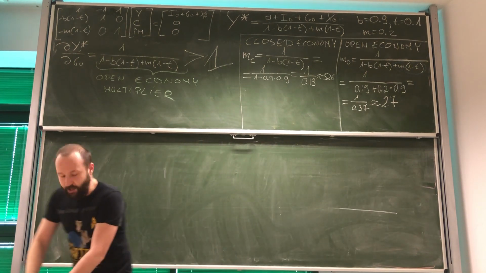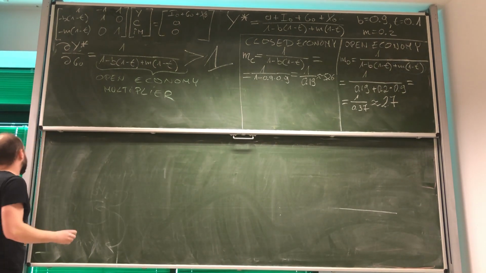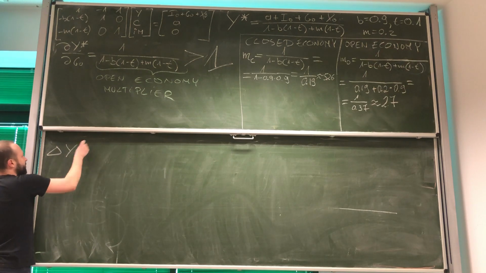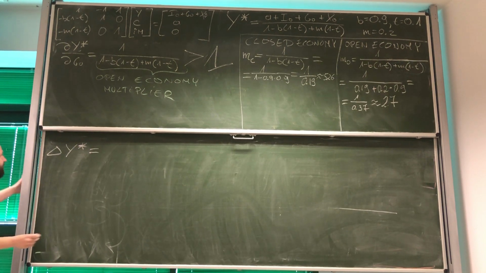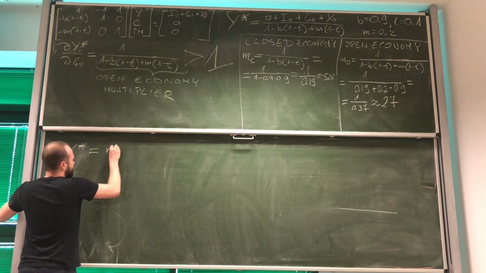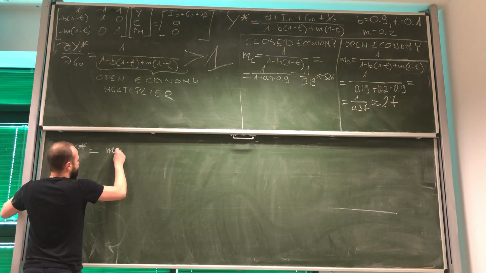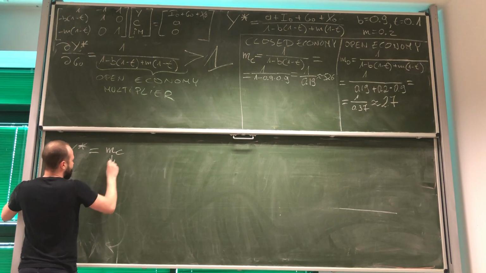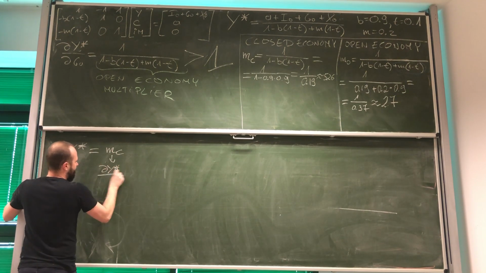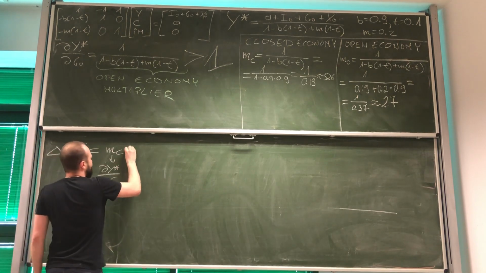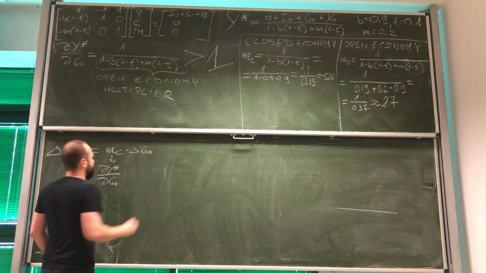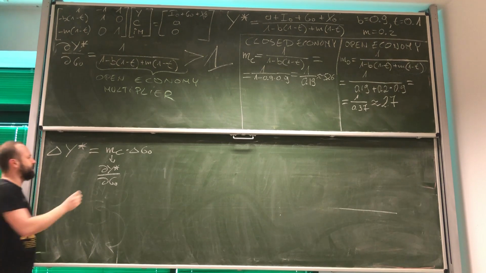So look, we know that change in equilibrium level of income in the closed economy, right, is given by m closed, which is of course the value of the comparative static derivative, times change in the level, for example, of government spending. Let's assume that it's 100.